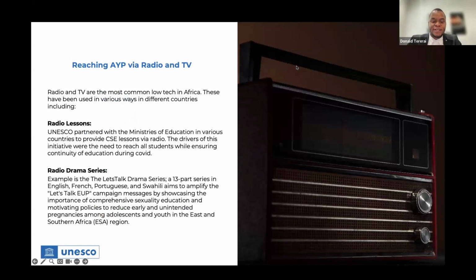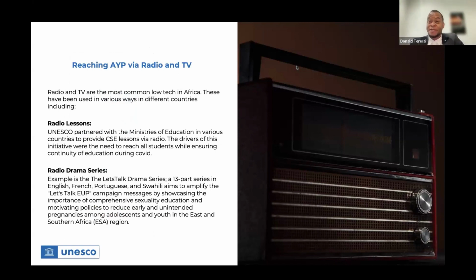And on low-tech, one of the good examples that we have is the use of radio and TV, which are the most common, especially radio is very common in rural Africa. And we've used radio in different ways. Firstly, through radio lessons.